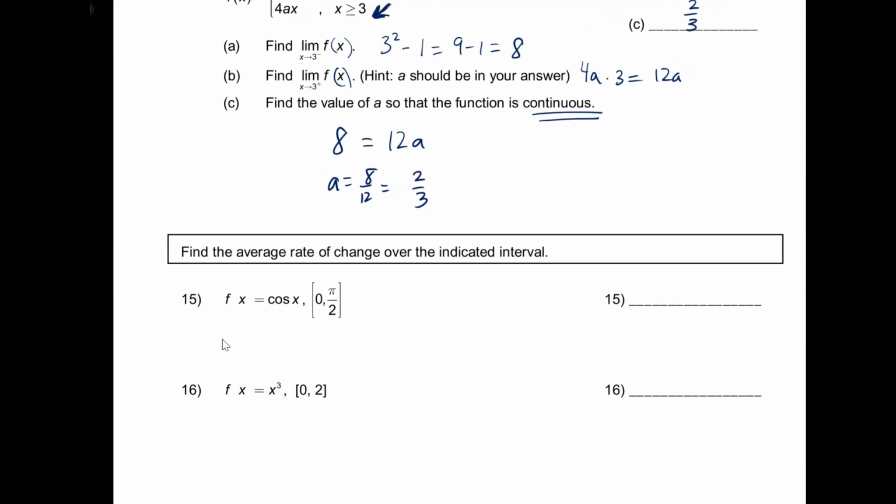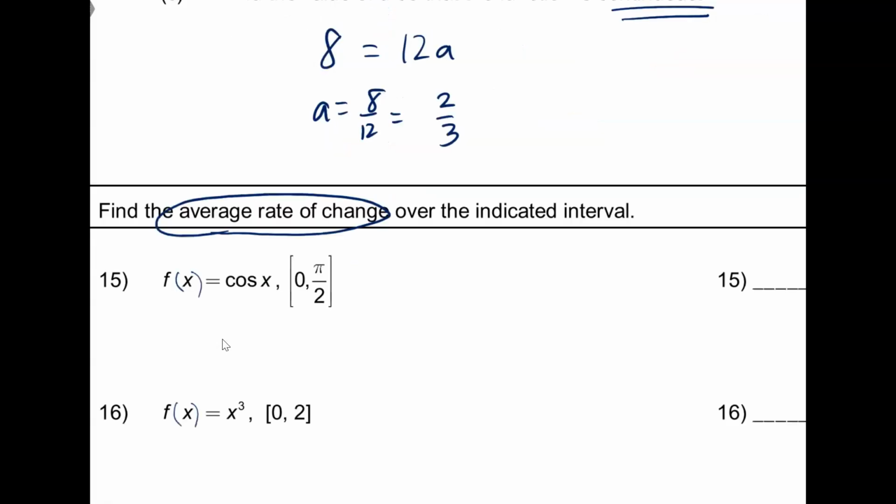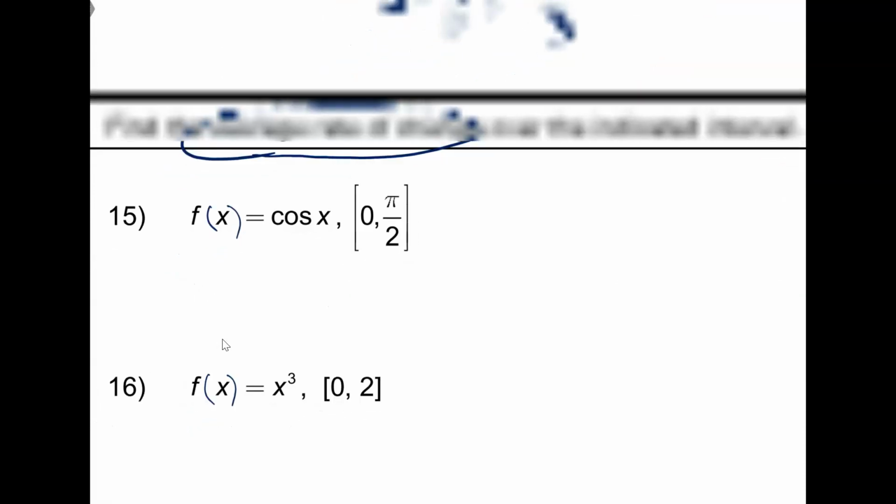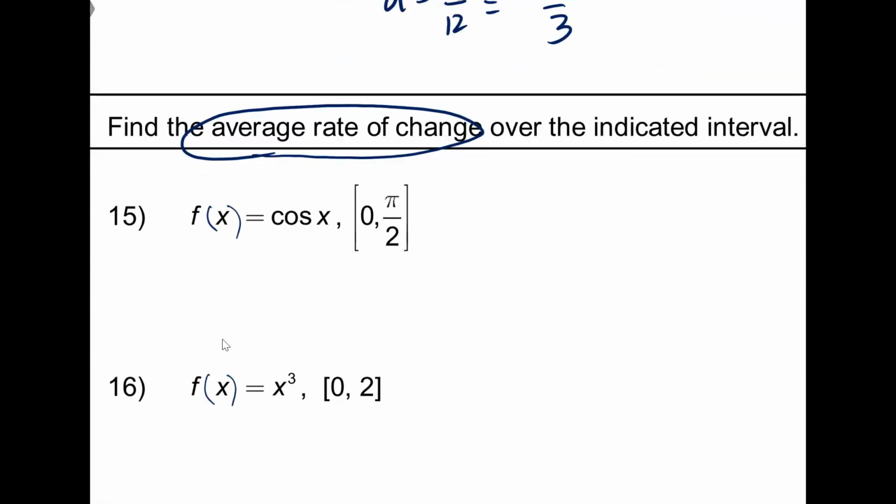Find the average rate of change over the indicated interval, from 0 to pi over 2. Okay, so average rate of change. How do you know when to do the formula where you just plug in, or the formula where you plug in plus h?